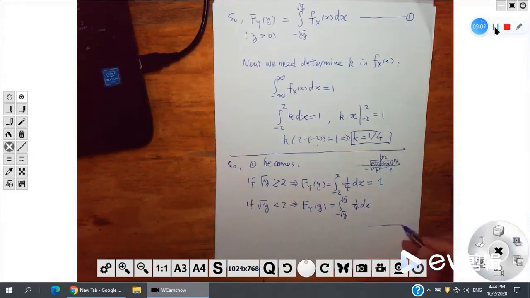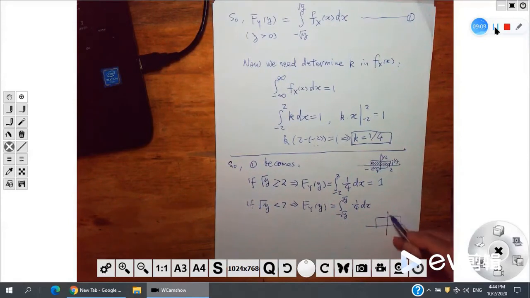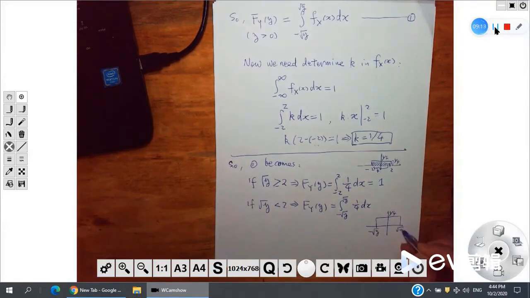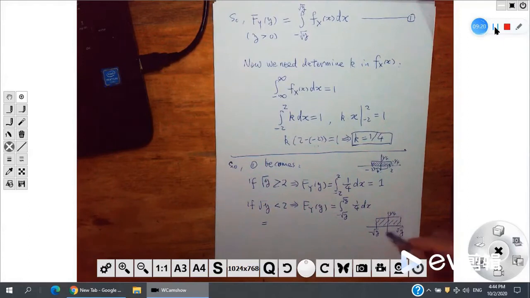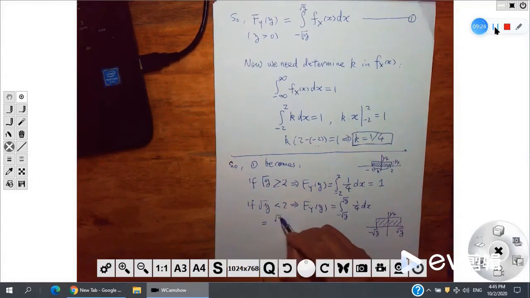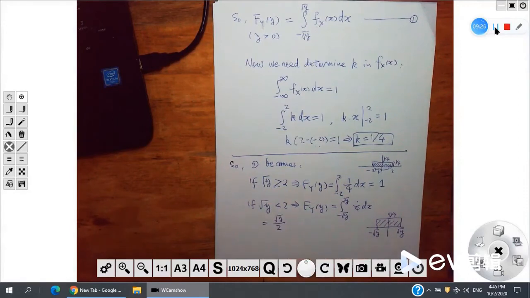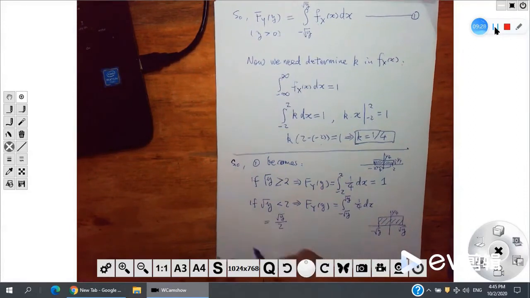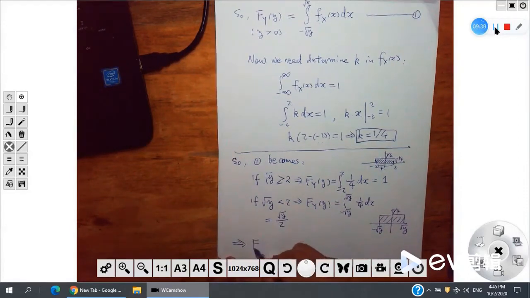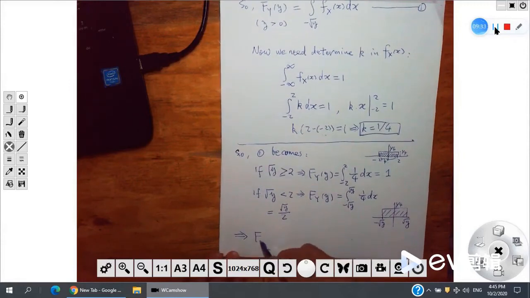So in this case, still here's 1/4, and this is negative square root of y, here's positive square root of y. What is the area? This area is 1/4 times 2 times the square root of y, so it is a half of the square root of y.